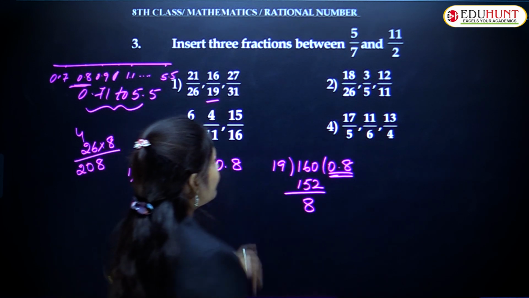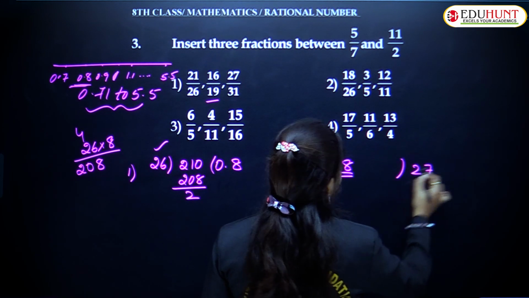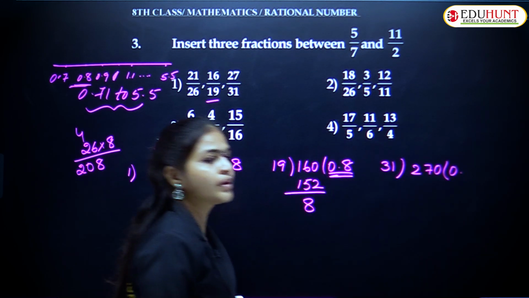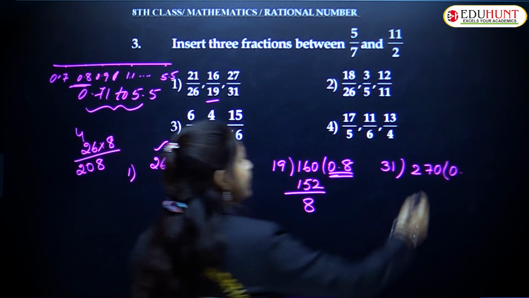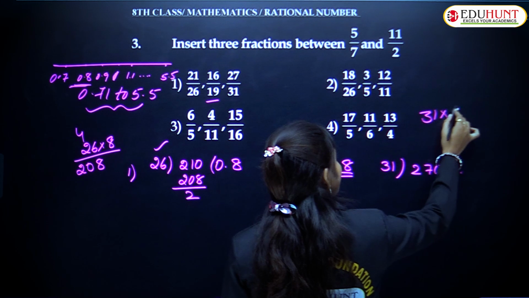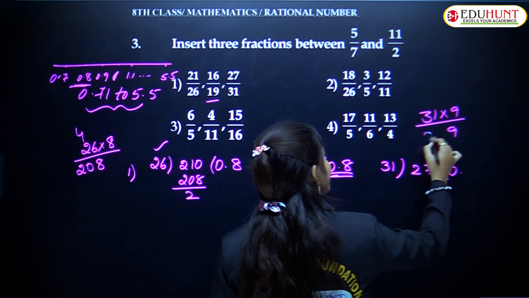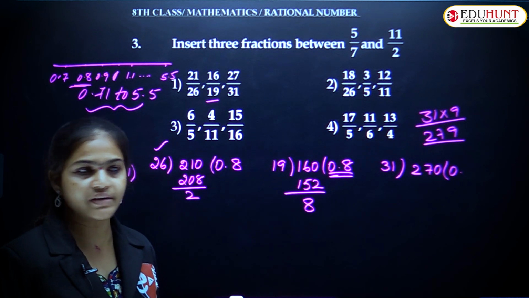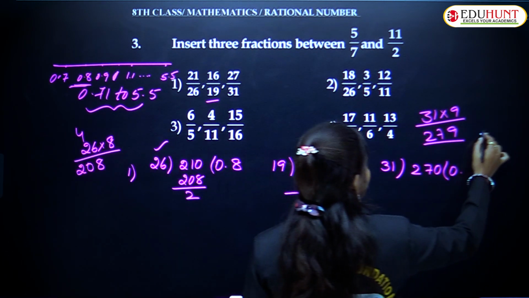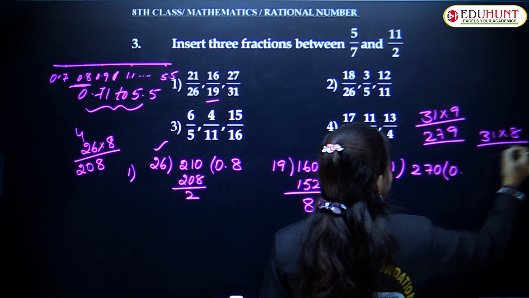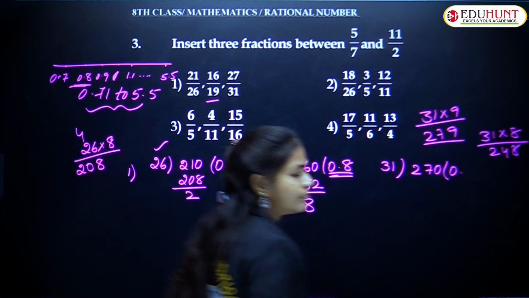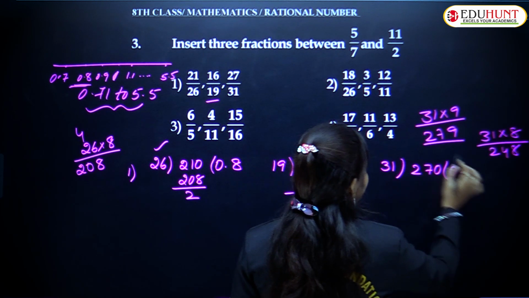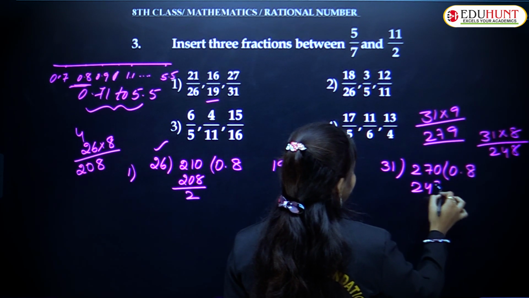And come to the third number here, 27 divided by 31. So keep 0 and here also 0. If you multiply that number by 3, 9 3s are 27, no? We can check 9 also, but here we will get 279. So 279 is more than 270. So that's why we have to go for 31 into 8. So 31 into 8 is equal to 248.